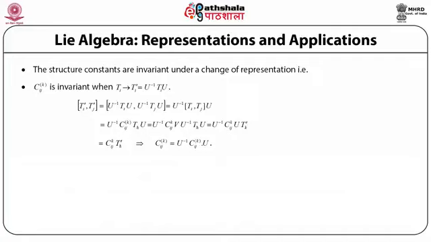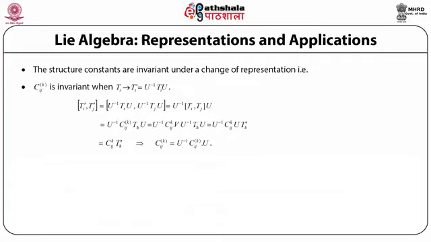So therefore this can be written as U^-1 C_ij^k Tk U. Now we introduce U^-1 between C_ij^k and Tk to write this as C_ij^k U^-1 Tk U, and U^-1 Tk U is then Tk'.